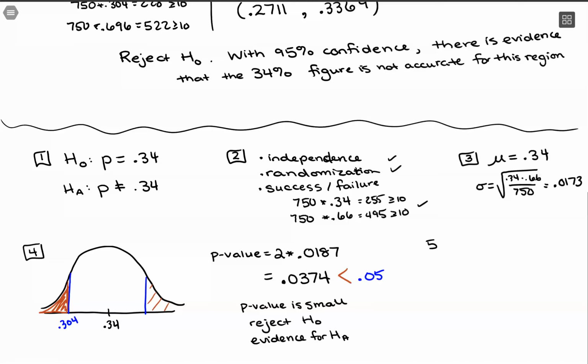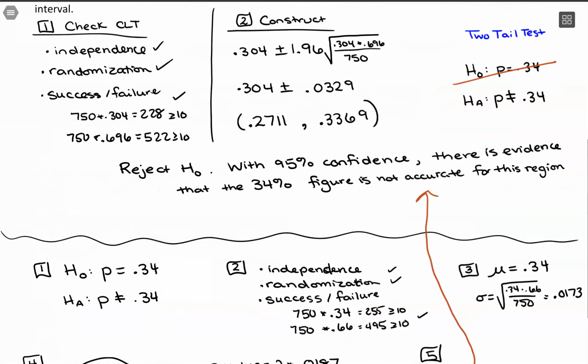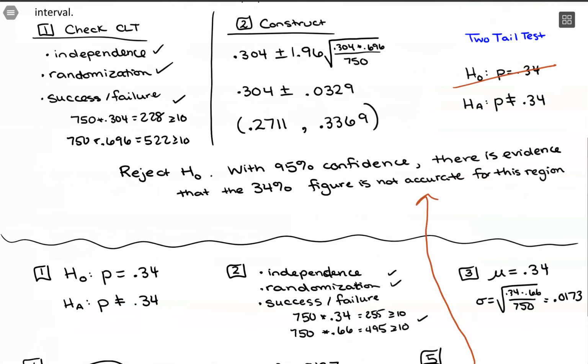So our conclusion here, we could switch it to stating the p-value, but for our conclusion, it's going to be the same as what we found up above from our confidence interval. So with the two-tailed tests, you'll reach the same conclusion as long as you do them correctly, but you can use confidence intervals as an alternative to solving those hypothesis tests, only in the two-tailed cases.